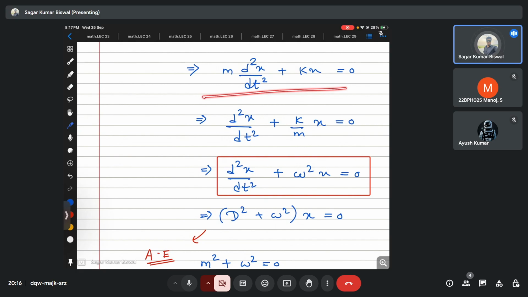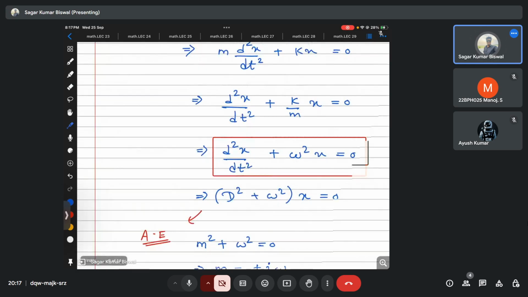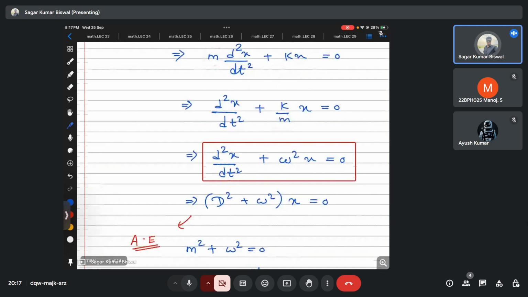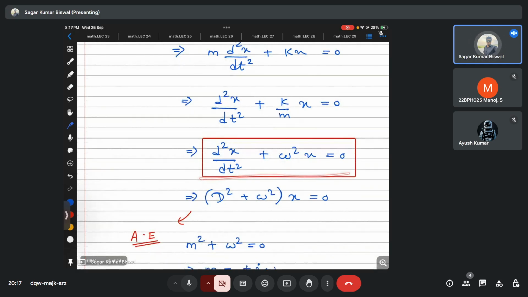If you take m to this side, and if you take this k by m as some constant omega square, then this will be the differential equation of the simple harmonic motion, right?